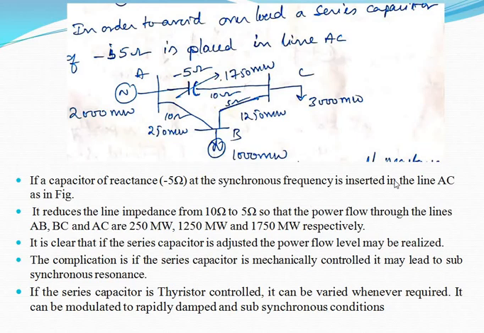And sometimes it may lead to subsynchronous resonance, because if the number of operations increases by varying, since it is a mechanical device, there is a chance to change the subsynchronous frequency, which affects the generator shaft. Because of power flow oscillations, the generator may lose synchronism and the entire system may collapse.